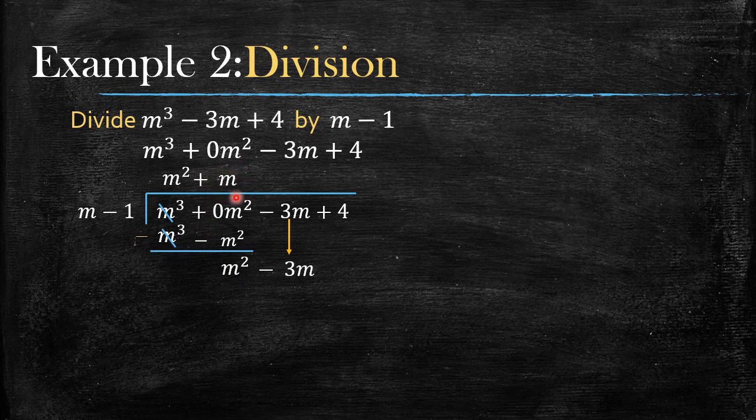Now when we multiply this m with this m, we get what? M squared. When we multiply this m with negative 1, we get negative m. Notice one thing here. The first part is again cancelling out, which is a good thing. It means you are still on the right track.